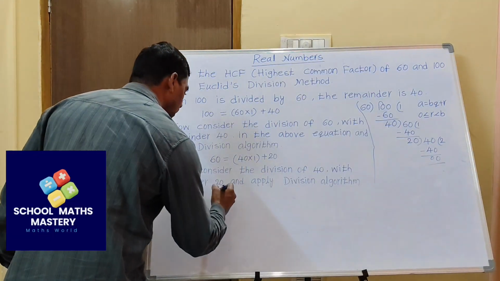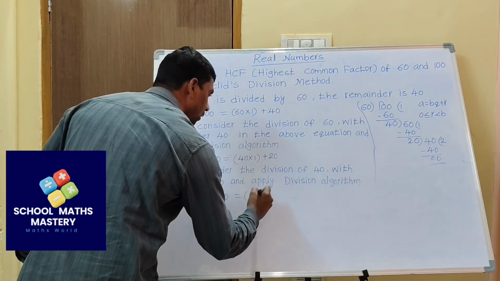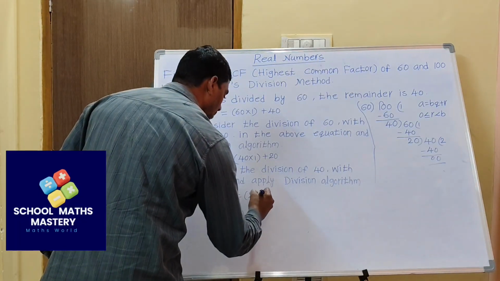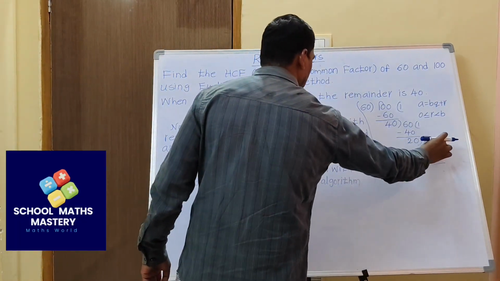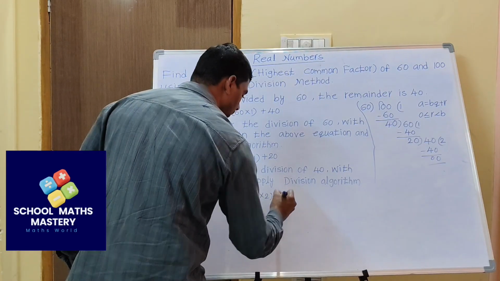Okay, 40 equals 20 into 2 plus remainder 0.